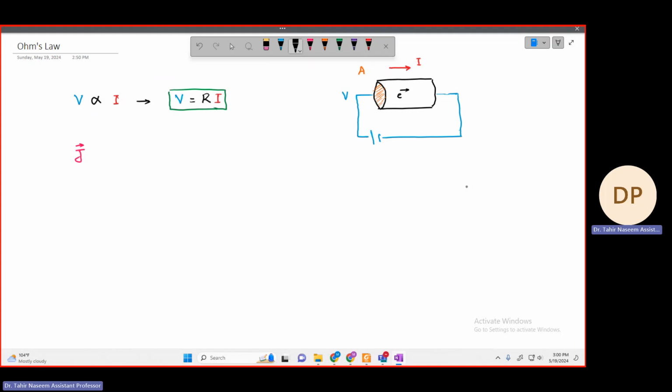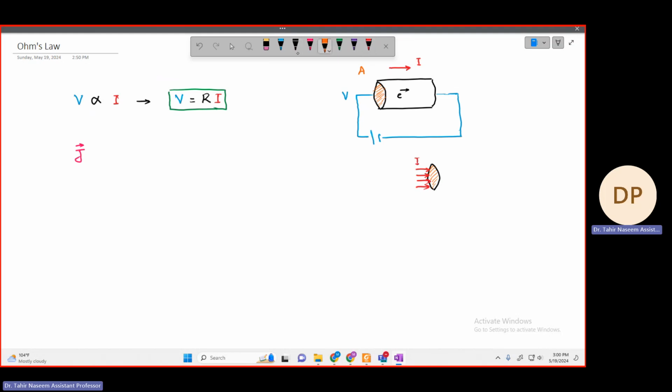So I'm making this region here the cross-sectional area of the wire, right? Let me make it more carefully. So this is the cross-sectional area. What current density tells us is how much current is flowing through the cross-sectional area of the wire. So this is I, right?